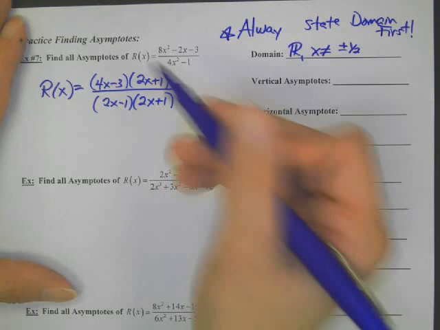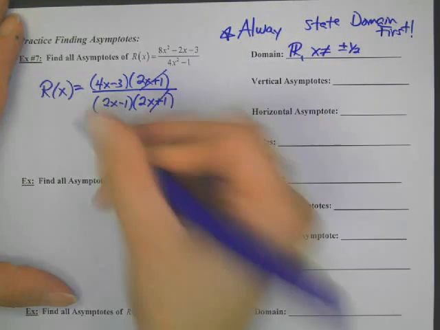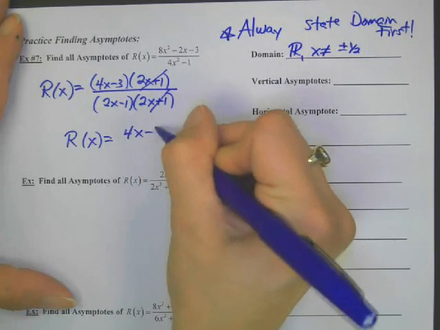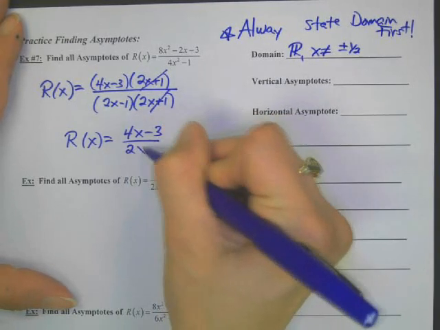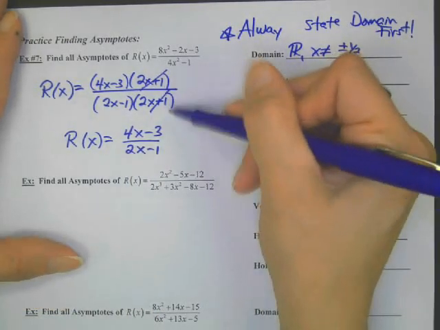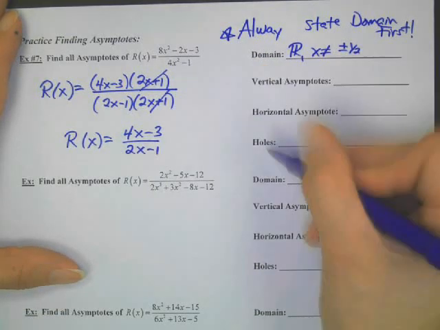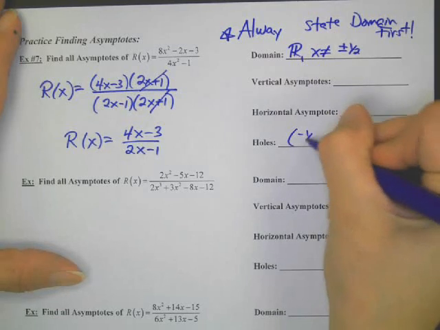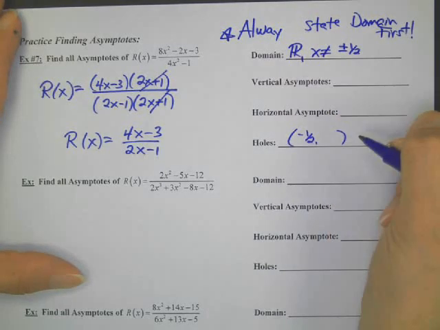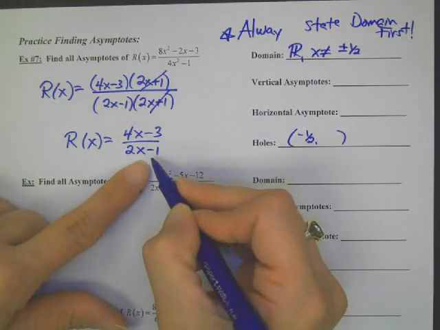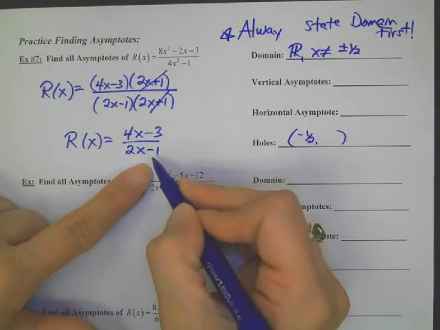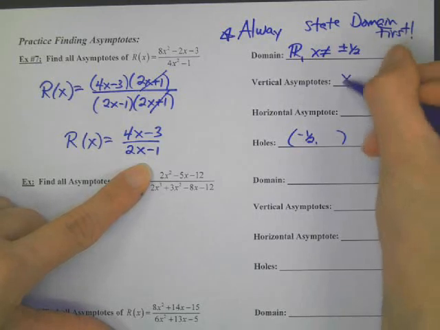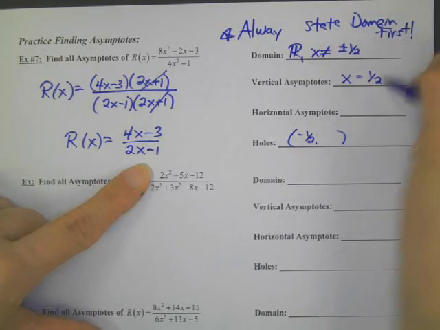Now I noticed there's some common factors, so those cancel out. So r of x actually can get simplified into a nice little rational function here. Okay, and when something cancels, that's going to make a hole in the graph. So the factor that canceled gives us negative 1/2 comma something. The factor that's left, positive 1/2 is left, and that makes the vertical asymptote x equals 1/2.